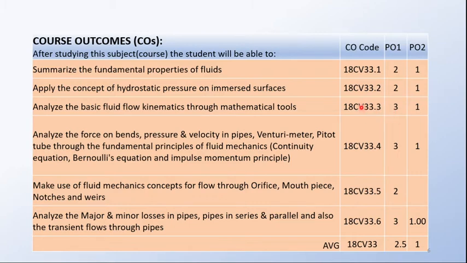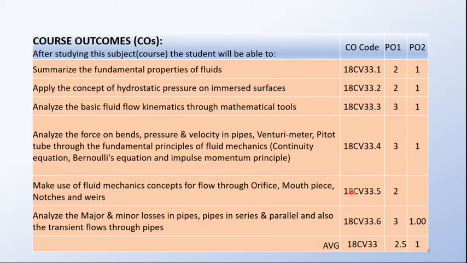The third one is analyze the basic fluid flow kinematics through mathematical models. The fourth one is analyze the force on bends, pressure and velocity in pipes, venturimeter, pitot tube through the fundamental principles of fluid mechanics, that is continuity equation, Bernoulli's equation, and impulse momentum principle.